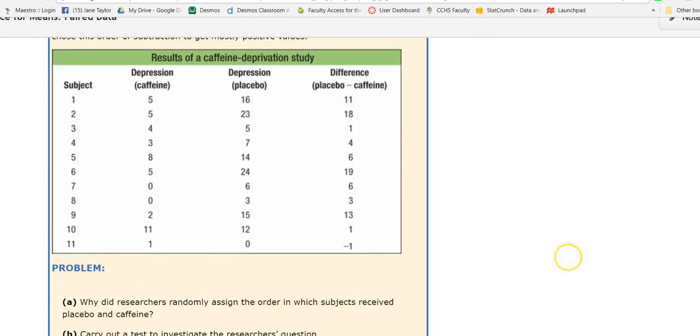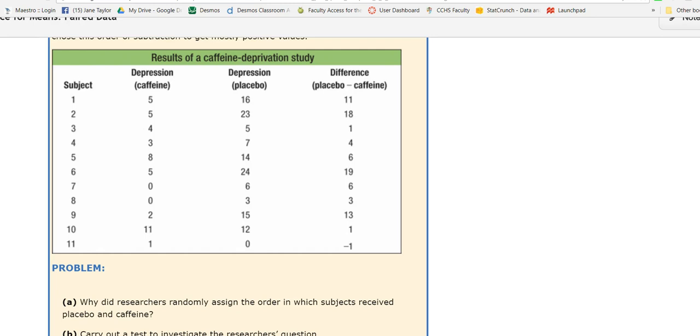So we have the results here of the depression tests after they'd had the caffeine, after they'd had the placebo, and then the difference. So basically the null hypothesis is going to be that there is no difference, that the difference would be 0 between whether they'd had the placebo or the caffeine. If placebo minus caffeine has a positive difference, then that means being deprived of the caffeine is a problem.